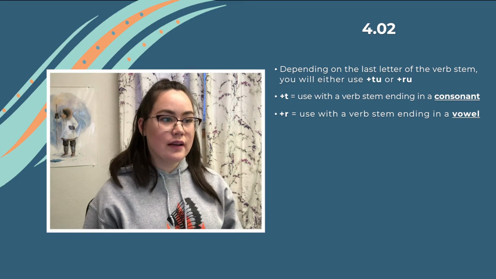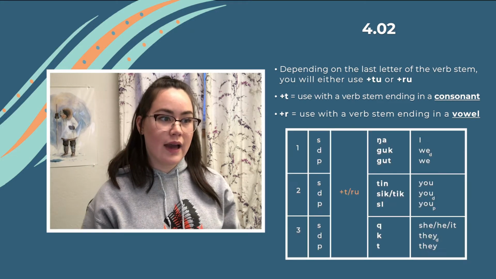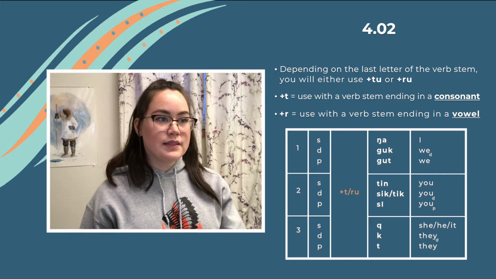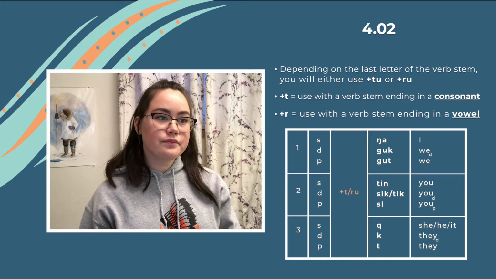So you will see here, this table, we have first person, second person, and third person, that first row. Then we have whether it is singular, dual, or plural for each of them.